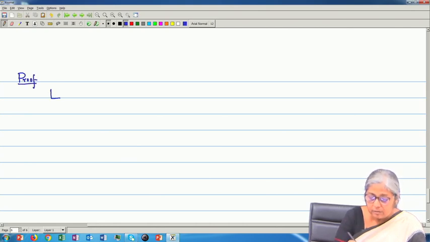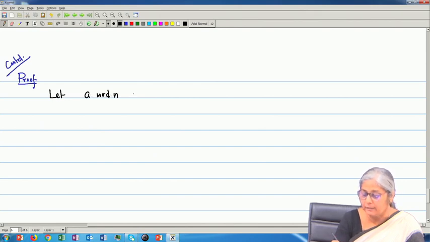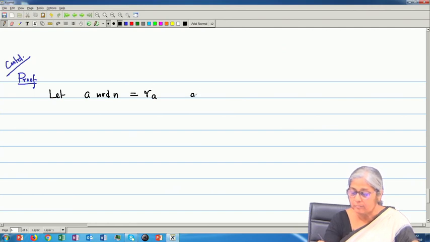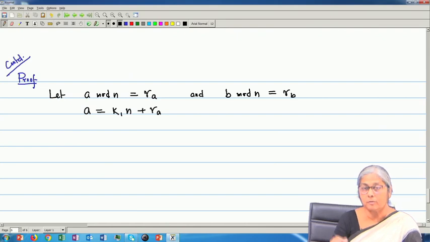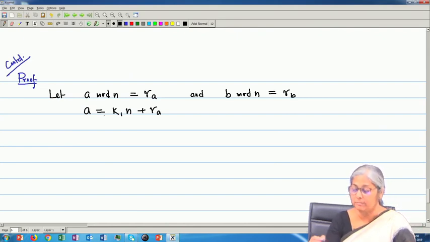Let A modulo n, that means when A is divided by n, the remainder is R A, and B modulo n, when B is divided by n, the remainder is R B. So, I can write A equal to some k 1 n plus R A. K 1 is the quotient when A is divided by n.